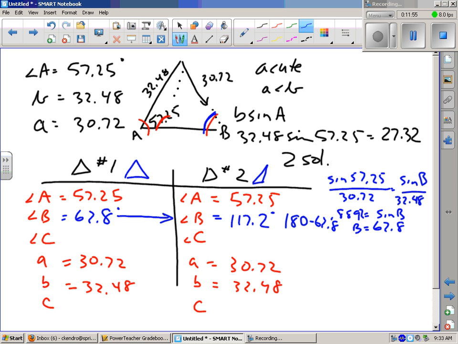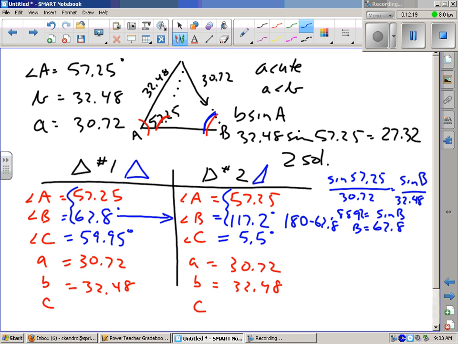Okay, once you do that, the rest is basic solving. To get this angle C, I'm going to subtract these two from 180. So I got 59.95. To get this angle C, I subtract these two from 180, and I got 5.5. So it's very small.